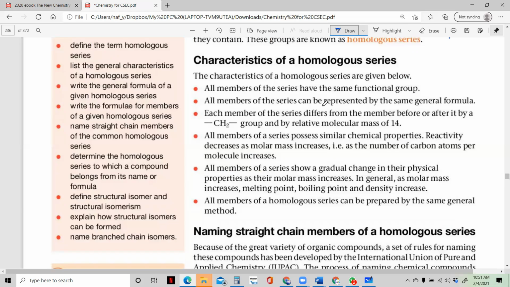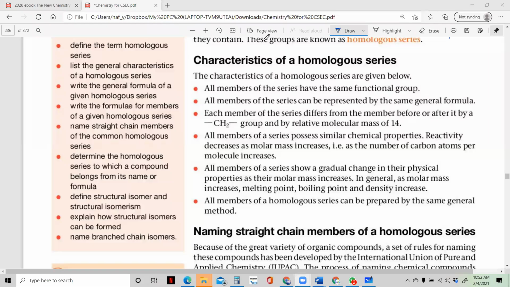What you found out was that members of that group exhibited similar properties. Like members of group 1, all of them were reactive. They all had a single electron on their outer shell. They were soft metals. So they displayed similar characteristics.